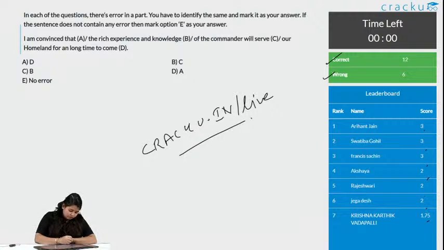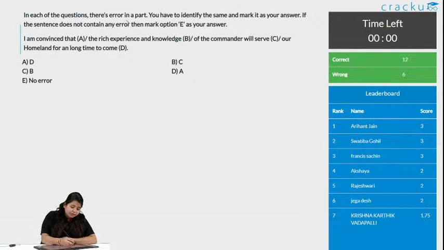Let us see what is the solution for this. Again, we need to find the part with an error. Let's see the first part. I am convinced that the rich experience and knowledge of the commander will serve our homeland for a long time to come. This is the sentence. The first part, I am convinced that, okay, till now there is no problem.